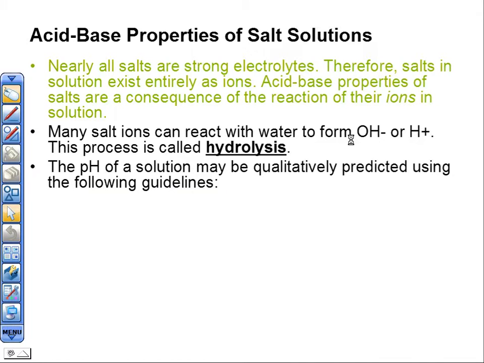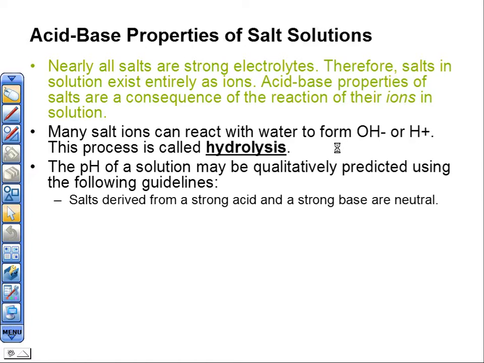And we can predict the pH of a salt by looking at it and figuring out maybe what formed it. If a salt is formed from a strong acid and a strong base, then it's a neutral salt.